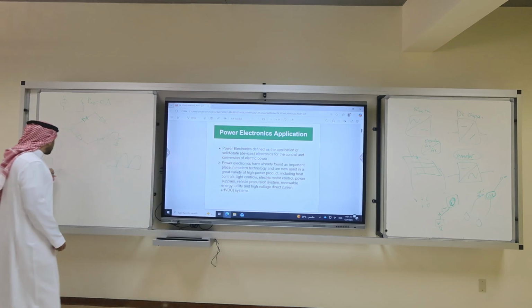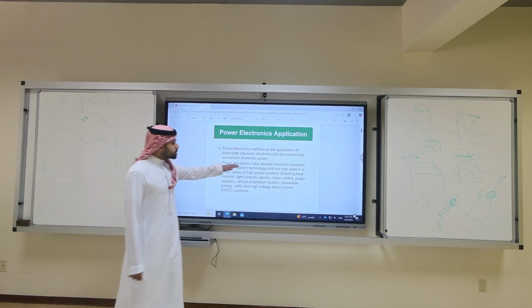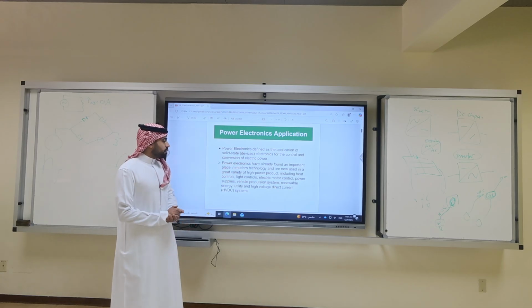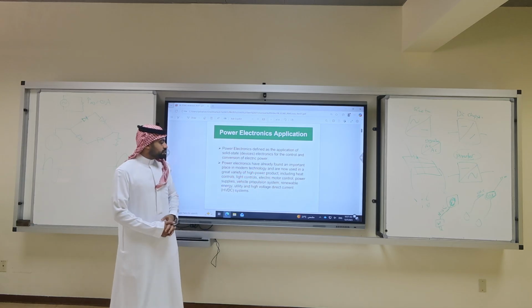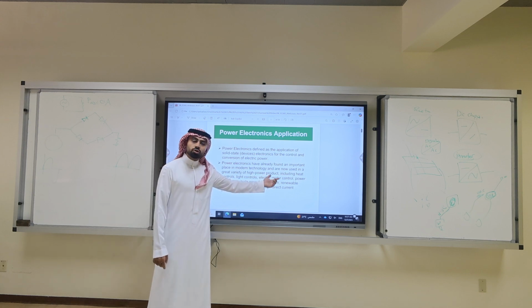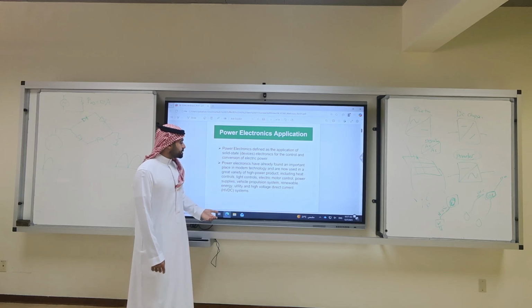Here average power is 0, here average power is non-zero. So power electronics is very important in the technology. It's used in high power products like heaters, light controllers, electric motor control: how we control the induction motor, how we control DC motor. You need power electronics.